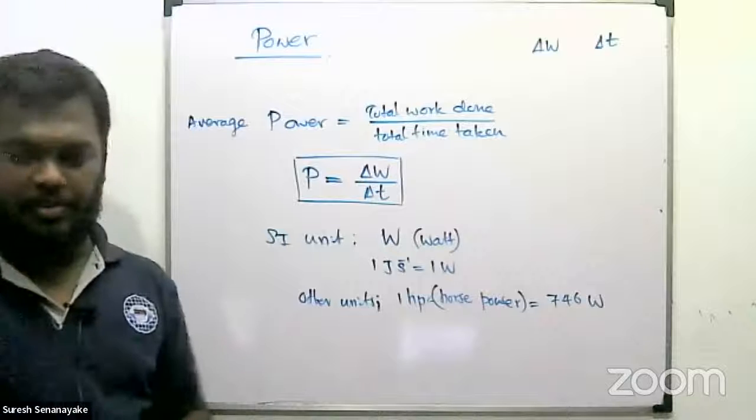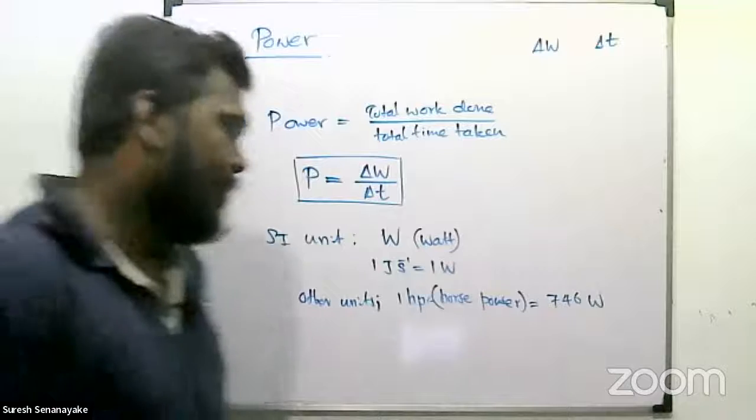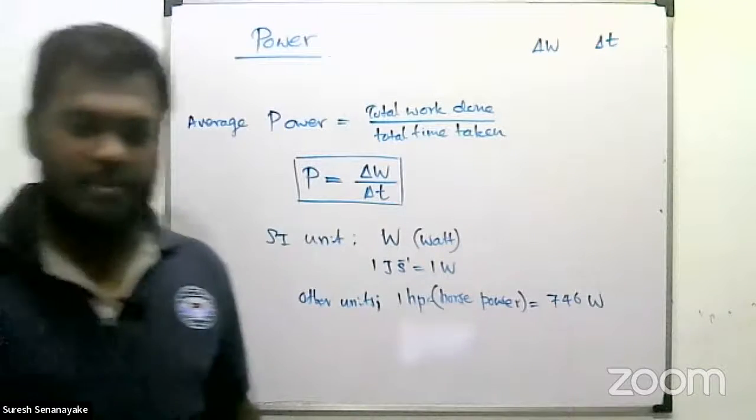Normally in engines or train engines, the power is rated in horsepower, like 800 horsepower, 1000 horsepower.